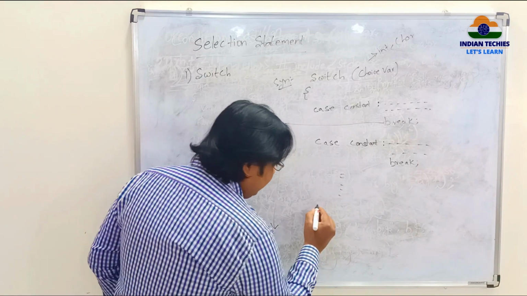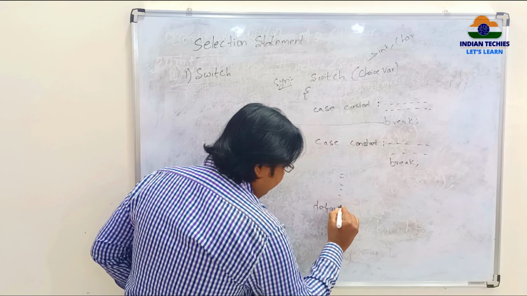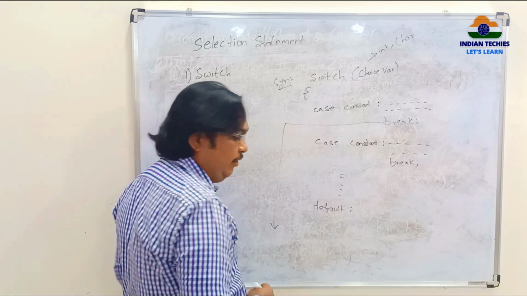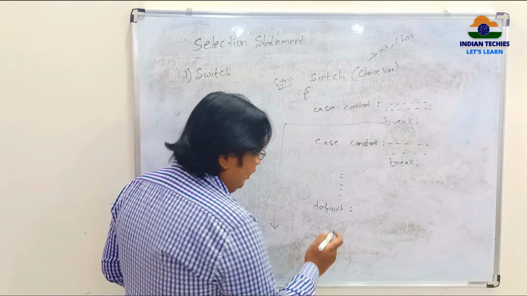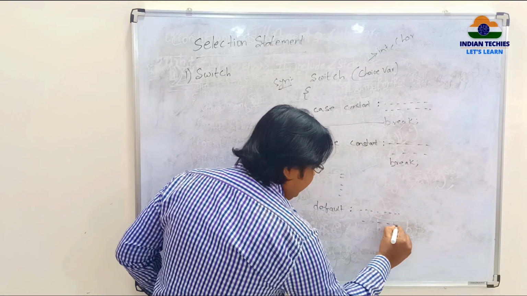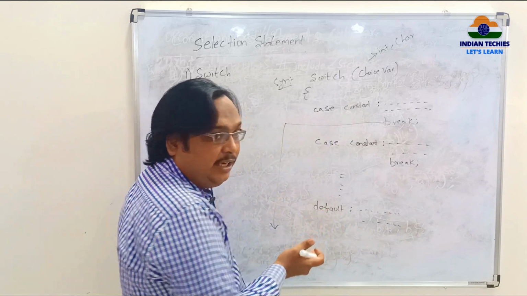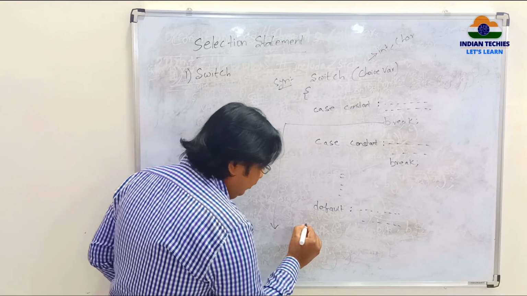Now, at the last, you will have one thing called default. You should use all small letters, default. Right? So, default, and write the statements under default. Since default is the last one, you don't require any break statement.